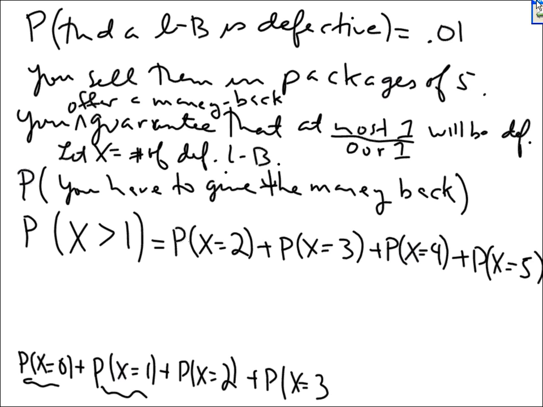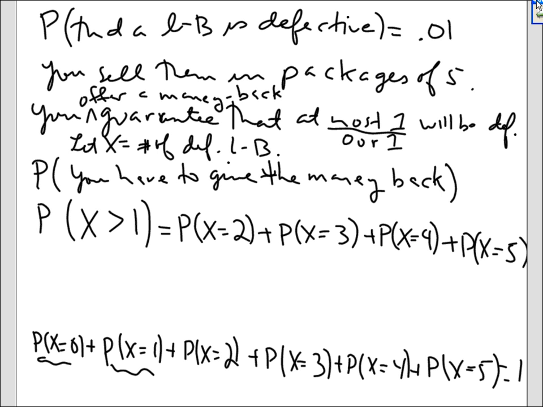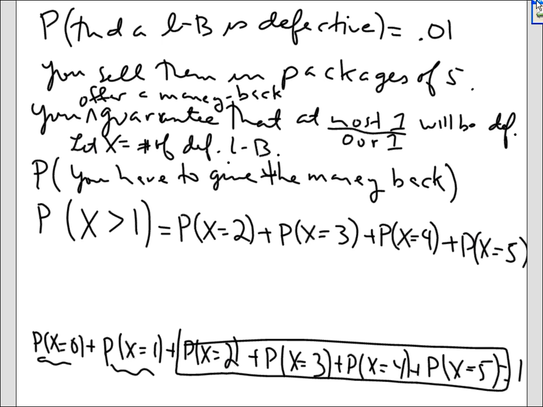X can have 3 defective, or 4 defective, or 5 defective. And this all adds up to 1. Now, we're being asked to find these, and I'd rather find 2 probabilities than 4.